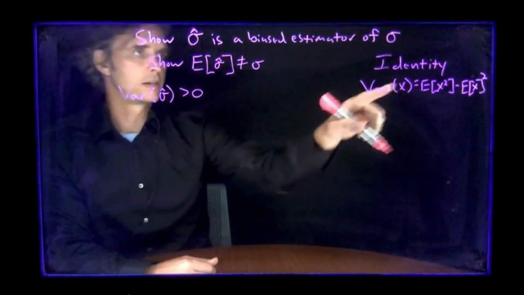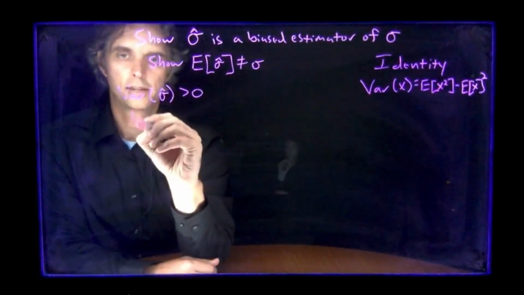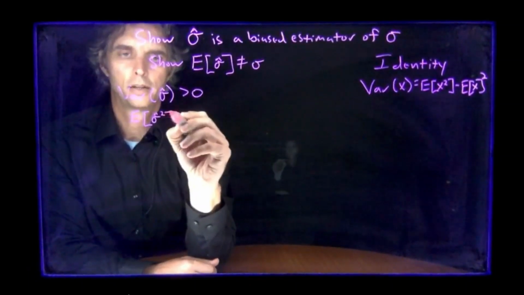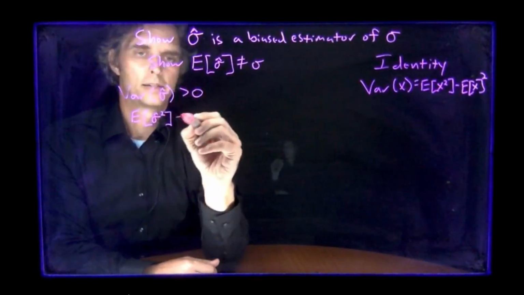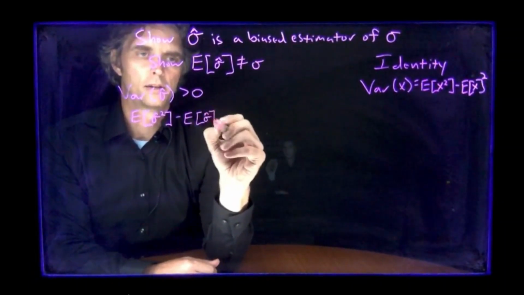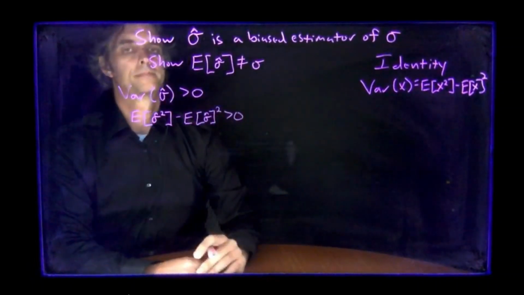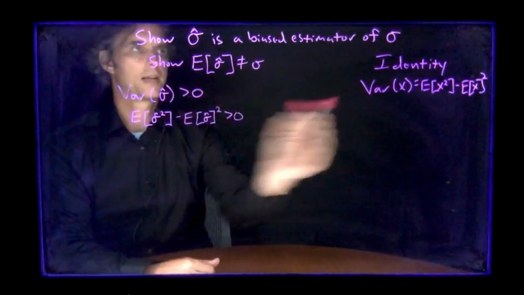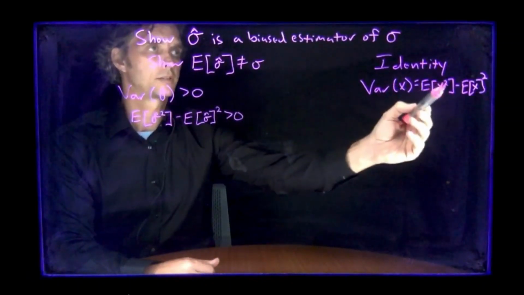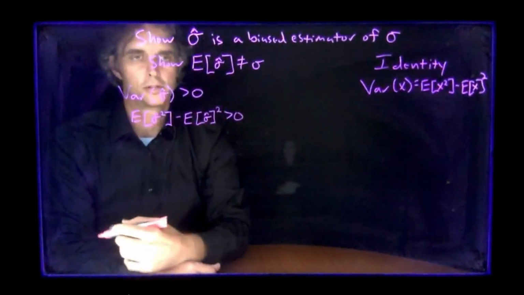And so from here, we can see that the variance of sigma hat equates to the expected value of sigma hat squared, minus the expected value of sigma hat, whole thing squared, is greater than 0 by substitution.